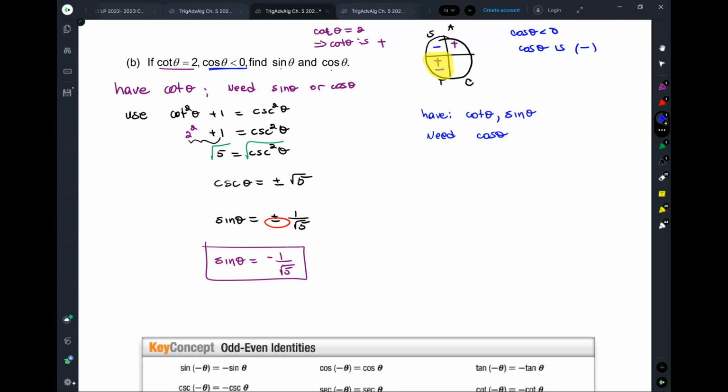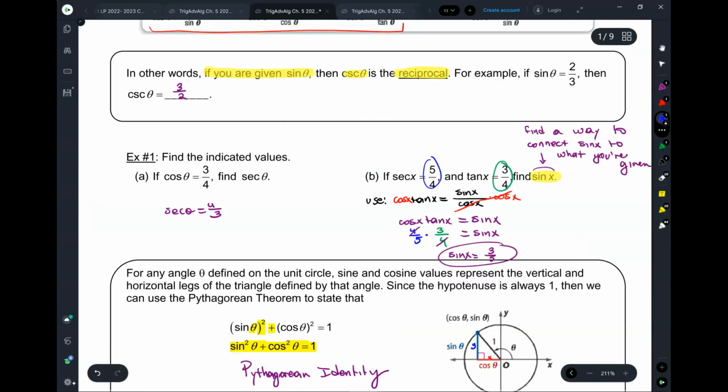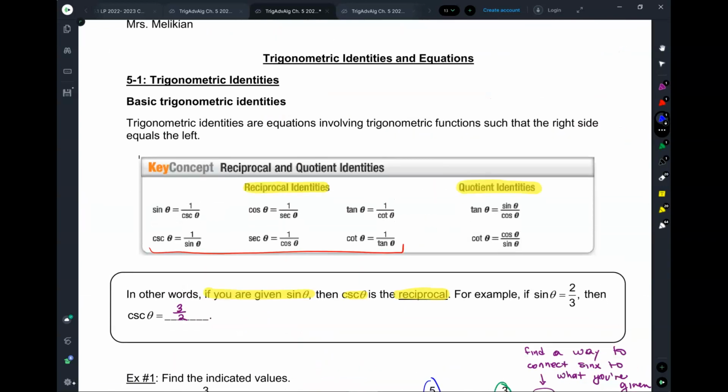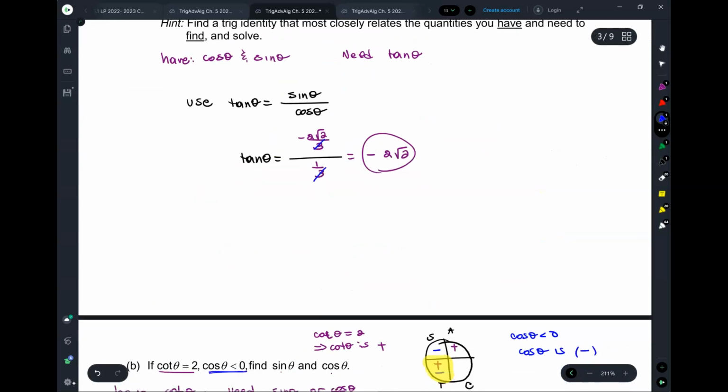So I have sine and cotangent. I need cosine. So what do you think? Anything here that relates sine, cotangent to cosine? The quotient identity, the one above. Well, what about this one, right? Yes, that one works. This one here. So cotangent is cosine over sine.